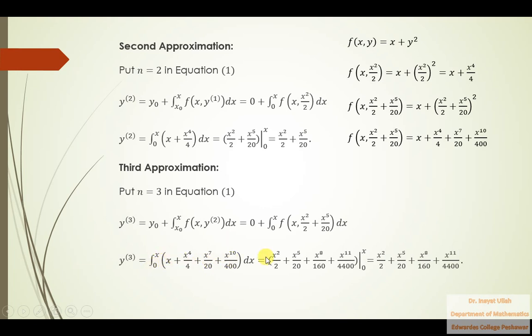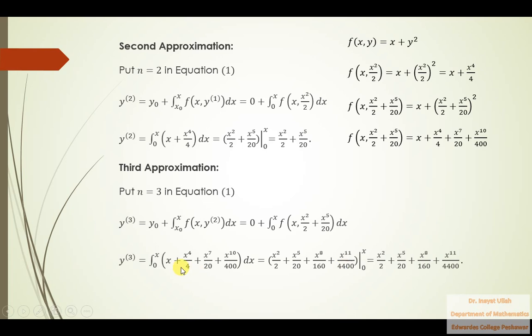Integral of x is x square by 2, integral of x4 by 4 is, integral of x4 is actually x5 by 5, and x5 by 5 and 5 into 4 is 20. That is x8 by 8, and 8 into 20 is 160. That is x11 by 11 multiplied by 400 is 4400.